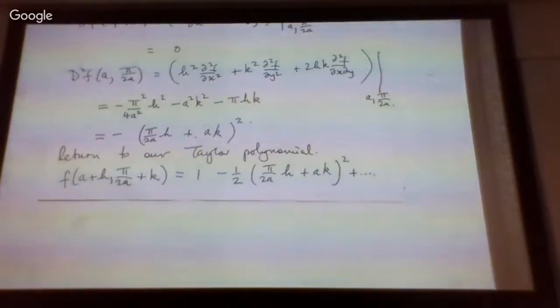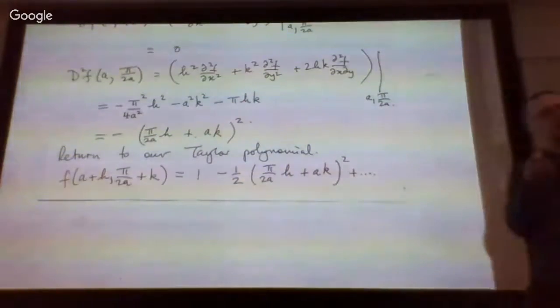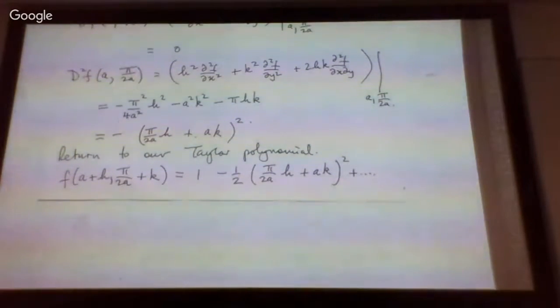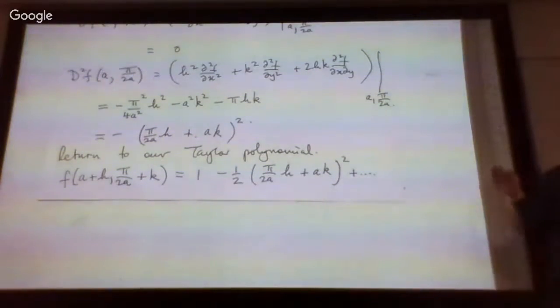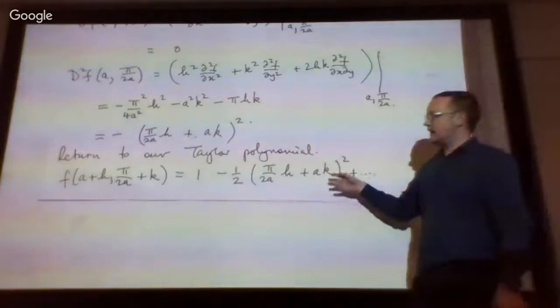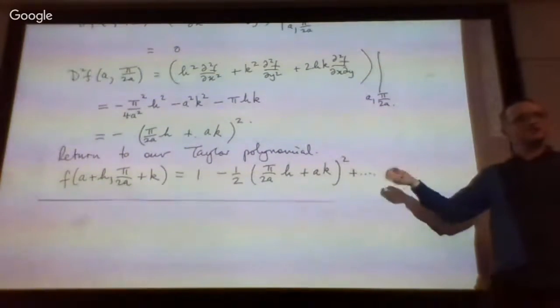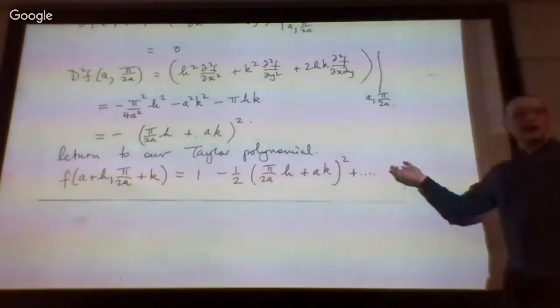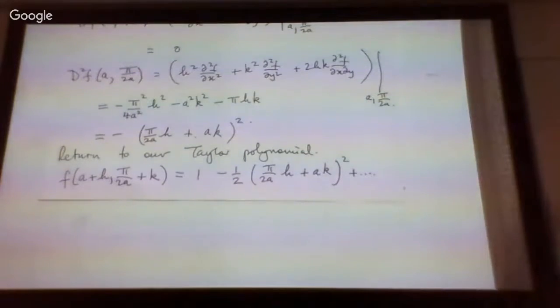Now remember, all we're interested in is detecting the behavior of the function close to the base point, so close to the base point at a, pi over 2a. So we're thinking of the changes h and k being small quantities. So if we could look at the full infinite polynomial, the value really is going to come down to the behavior of the h and k in here. Okay? So this is the order 2 terms. And if h and k are very small, less than 1, then the higher order terms are going to be much smaller than the order 2 terms here, as long as we go sufficiently close to the base point.